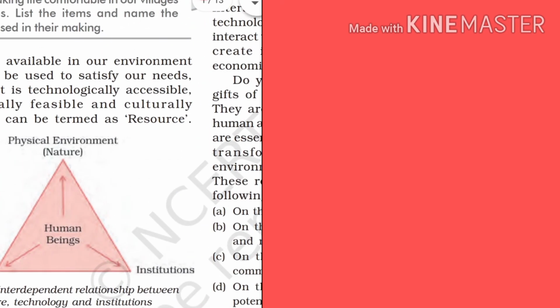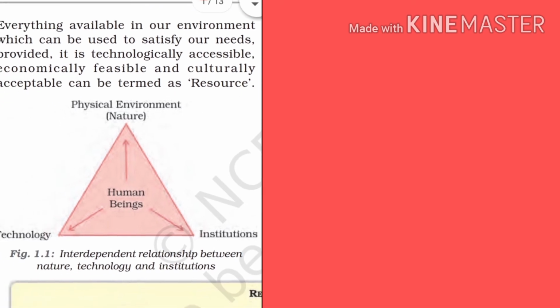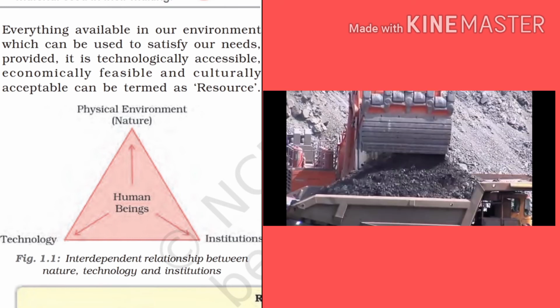So about this diagram only it has been told in those paragraphs. Physical environment is nature. Here technology means machines, and institution means factory. For example, coal is available in a coal mine which is there in the physical environment.